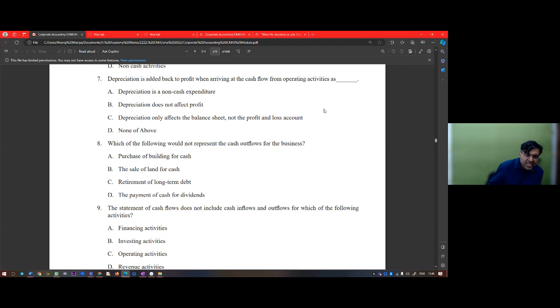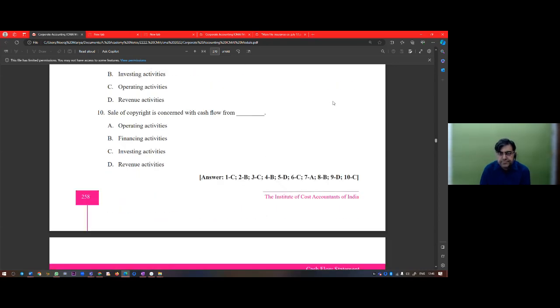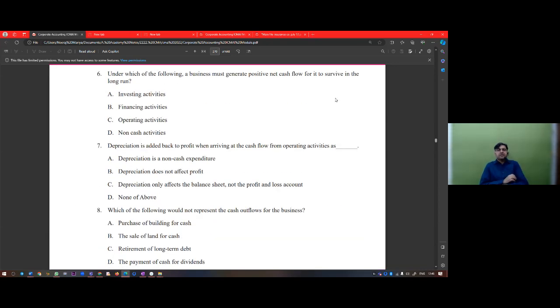There are no cash flows. Sale of land for cash, they are inflows, not outflows. B. Depreciation is added, being a non-cash expenditure. A.